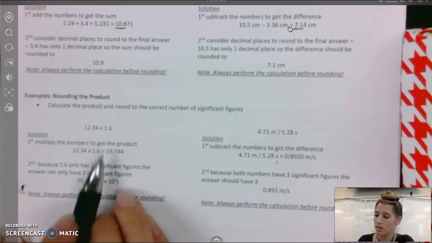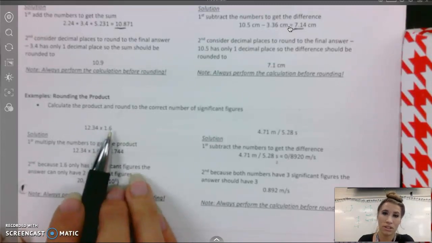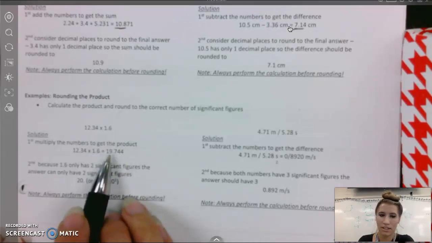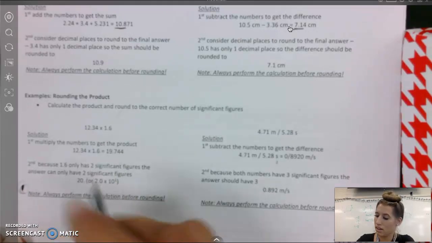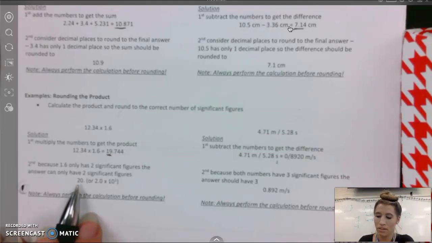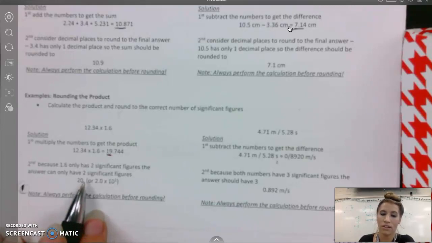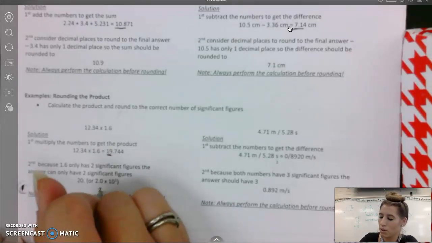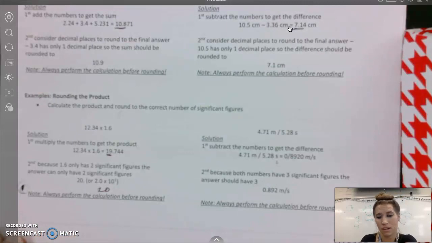Okay, and so our final answer can only have 2 sig figs because the component with the least sig figs is 2. And so I'd take this 19, and that's my 2 sig figs. The 7 after the 19 is 5 or greater, so it's going to make this round up to 20. Okay, you have to include that decimal. See, if we had 20 without the decimal, we'd only have 1 sig fig, but when we add the decimal, now we have 2.